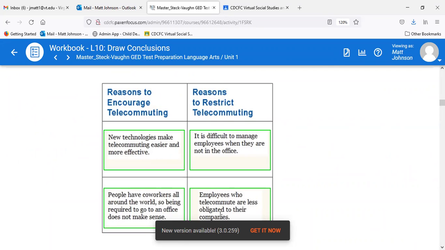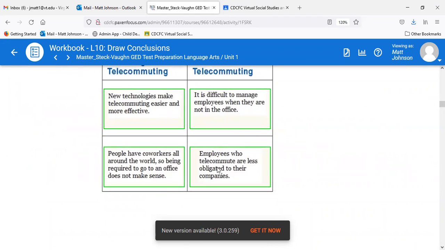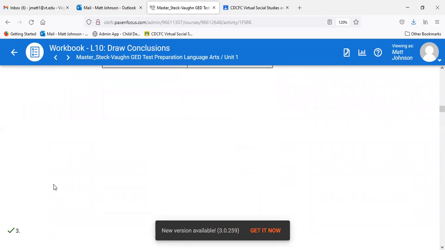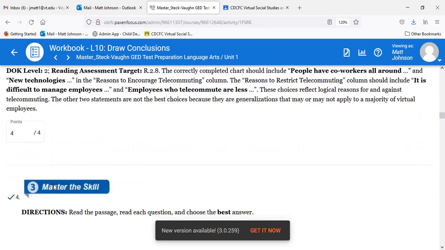And then reasons to restrict telecommuting: it is difficult to manage employees when they are not in the office, and employees who telecommute are less obligated to their companies.